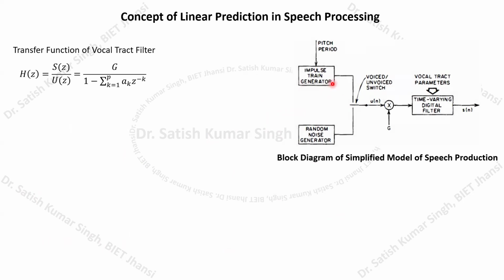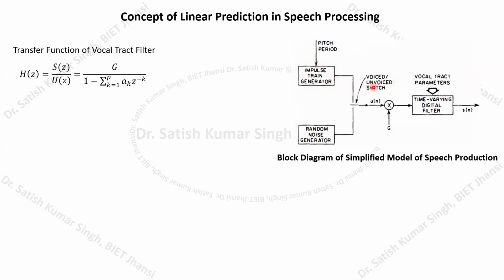Here you can see that speech signals are broadly classified into two categories: voiced speech and unvoiced speech. In the case of voiced speech, I have already discussed in my lectures that the excitation is an impulse train generator, which is periodic in nature. To generate this periodic impulse train, we apply the pitch period as the input.